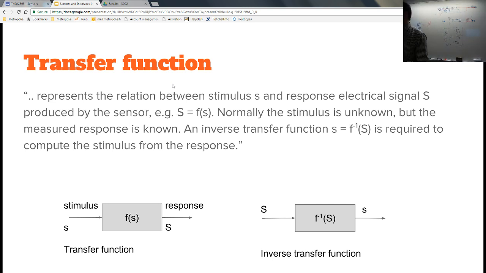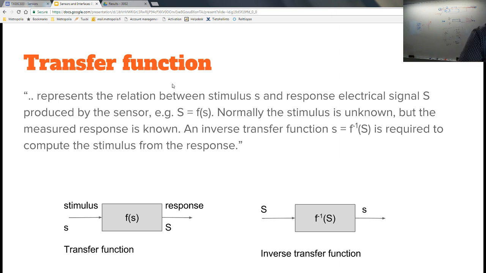That's how temperature actually shows up in the physical world. That's the stimulus. It does something to the sensor material you are using. And basically it's between stimulus and response. So when you put a stimulus on a sensor, then it responds. Otherwise it's not a sensor but a dead rock.